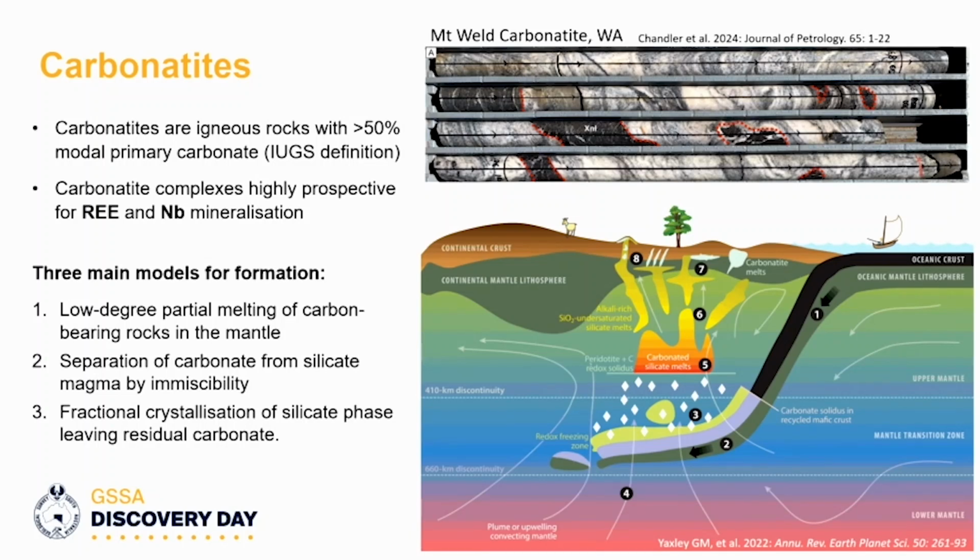In the next two, you have a more whole-scale melting of this mantle rock, so you form a combination of a carbonate and silicate melt, and as that ascends into the crust, there is then the separation of the carbonate and silicate phases. In the second model, this separation occurs by magma immiscibility, whereas in the third model, it occurs by fractional crystallisation, where the silicate phase crystallises out, leaving behind your residual carbonate, which goes on to form your carbonatite.